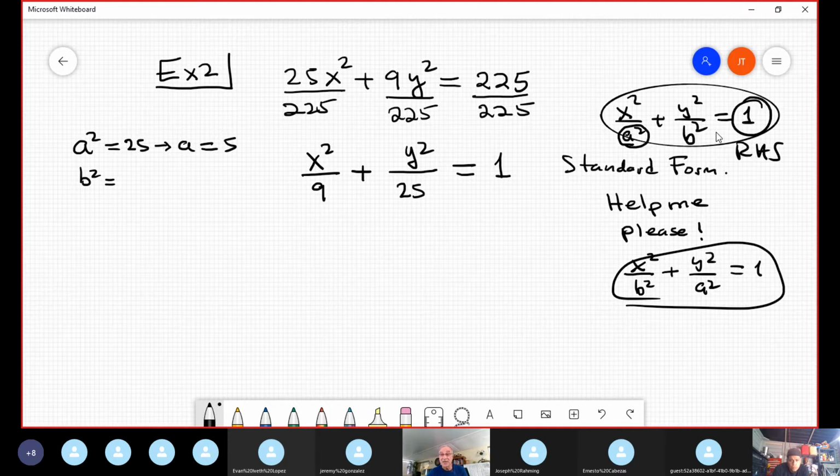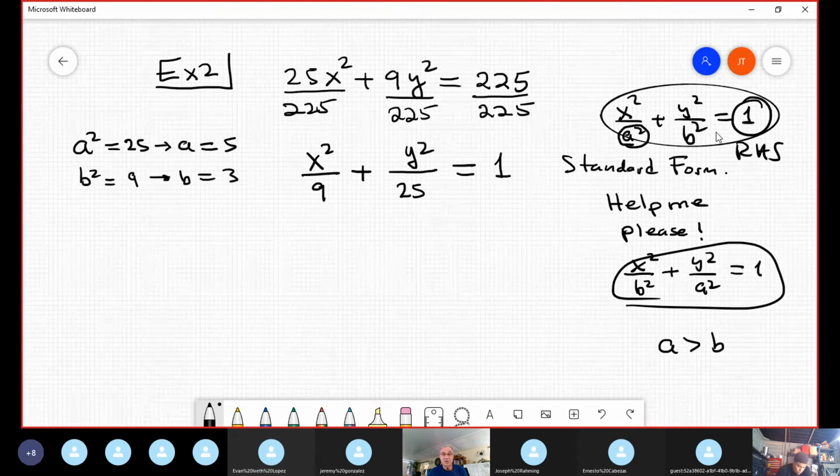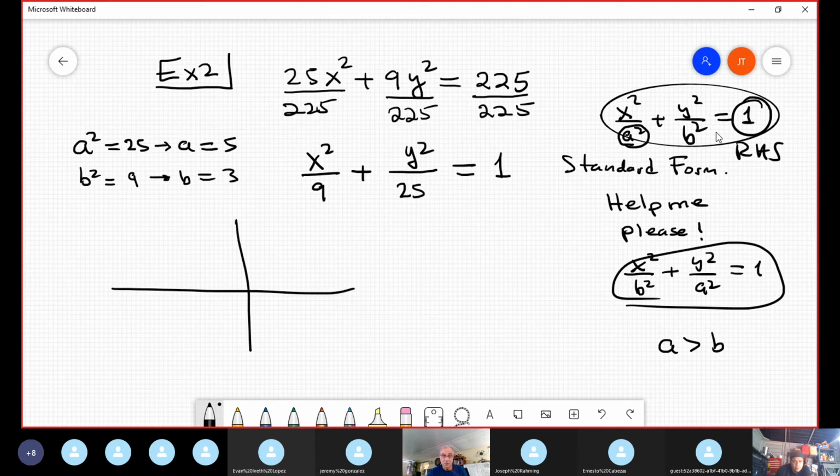I know because A is the big one. The big one is 25. A squared is 25, A is 5. And the other is 9. Therefore, B is 3. That means, when the big number is associated with the Y, our ellipse looks like that. Do you understand the difference?